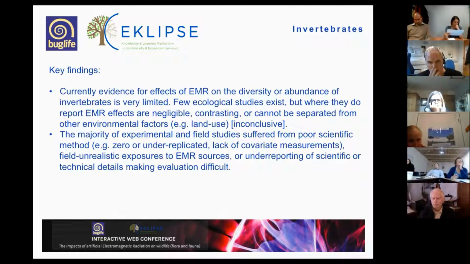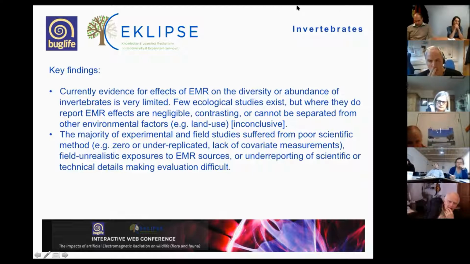So by default, we have inconclusive information for this specific finding. There's no conclusive evidence. This study was carried out in Greece on 2 islands. We used 15 mobile phone antennas, and we measured abundances and species richness of several pollinators at different distances from those antennas. We measured the EMR intensities, and we tried to relate this to the sampling of different species of pollinators.